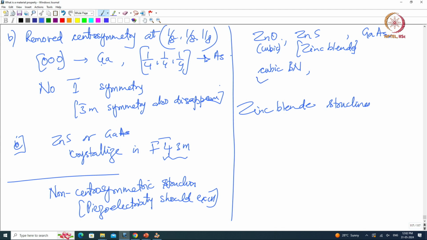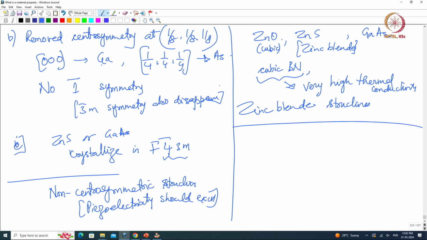Now the good thing about some of these materials is that cubic boron nitride has a very high thermal conductivity. Some of these materials are known for their very high thermal conductivity. So I removed some of the symmetry elements from Fd3 bar m and came down to F4 bar 3m, and so this has become the zinc blende structure.